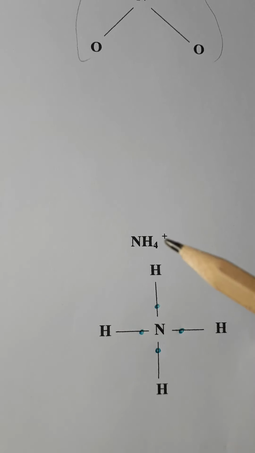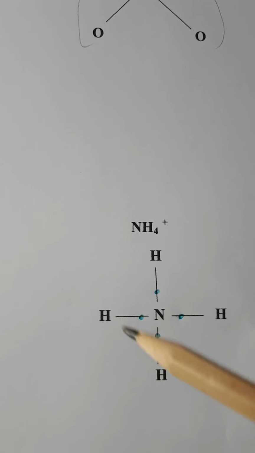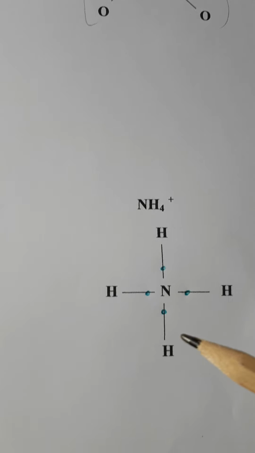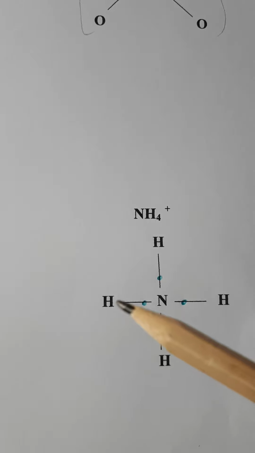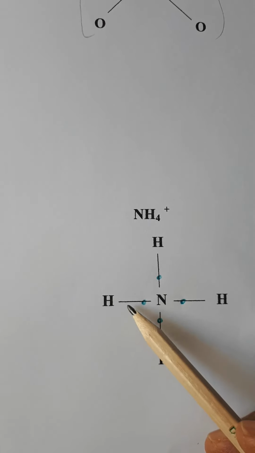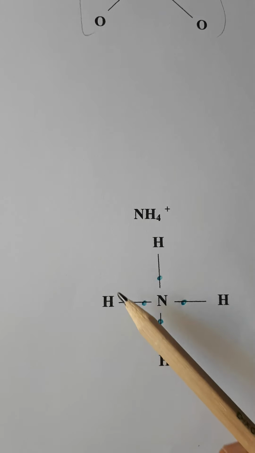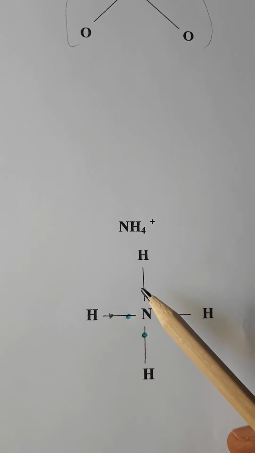But plus means you have to remove 1. So 8. 1, 2, 3, 4, 5, 6, 7, 8. 8 already gone. So there are no more electrons left to put on the central atom. But now let's see the charges. As before, hydrogen has no charge. It is just having 1 electron around him. But the nitrogen atom has 1, 2, 3, 4 only.